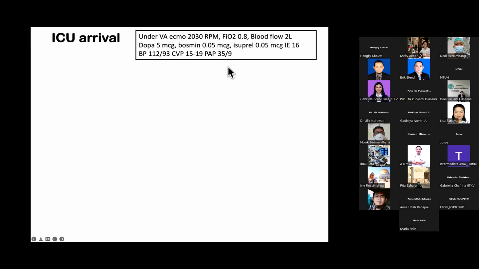And we came back to the ICU under relatively high inotropic support, dopamine 5, epinephrine 0.05, isoproterenol, and inotropic equivalent around 60, keeping good hemodynamics, also with a good ECMO flow, around 2 liters.